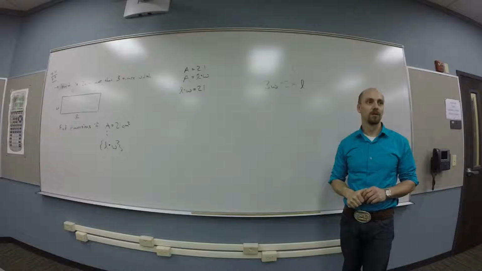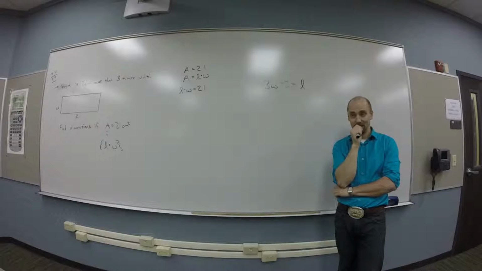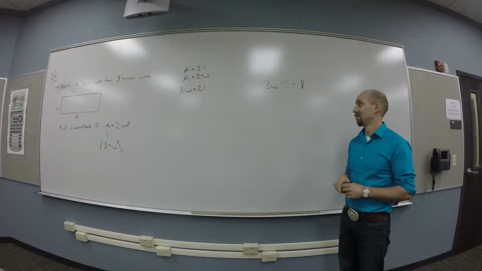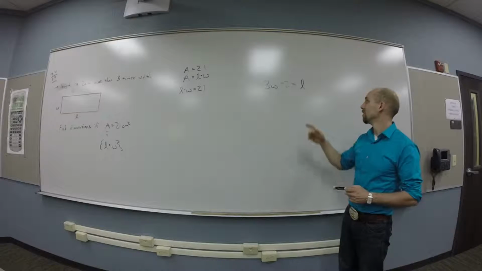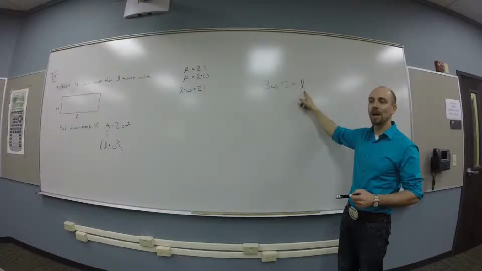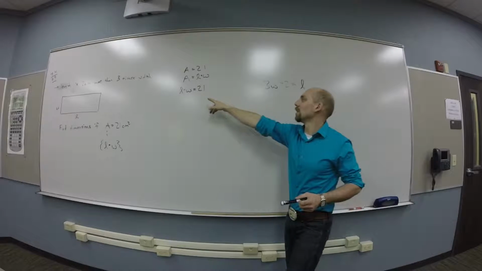You guys cool? Okay, once I've translated this out, what do I do? Plug it in somewhere, right? This is telling me about L in terms of W. I know something about L and W together.